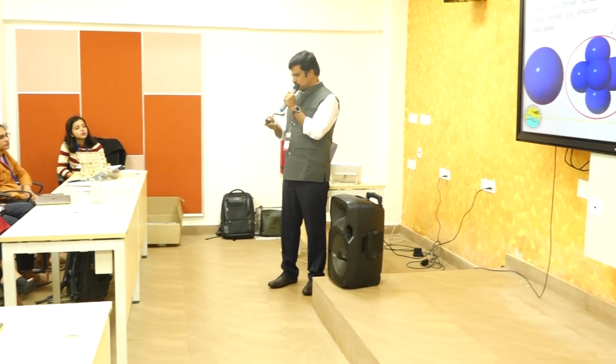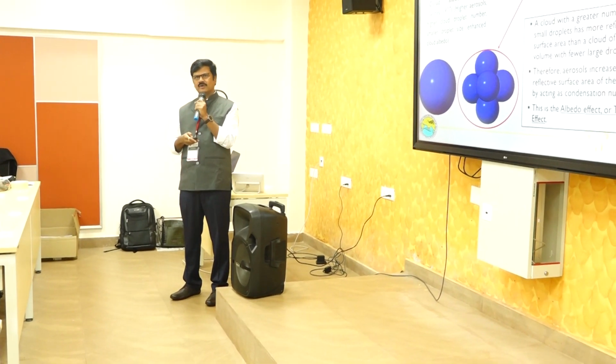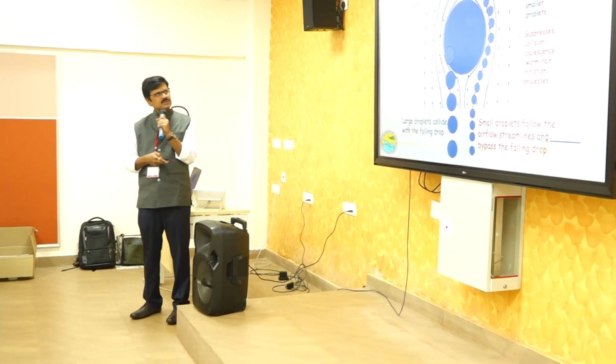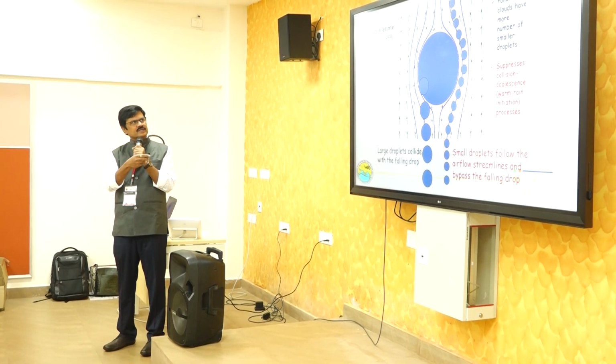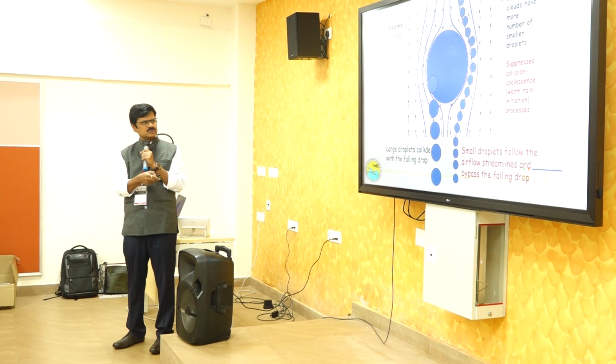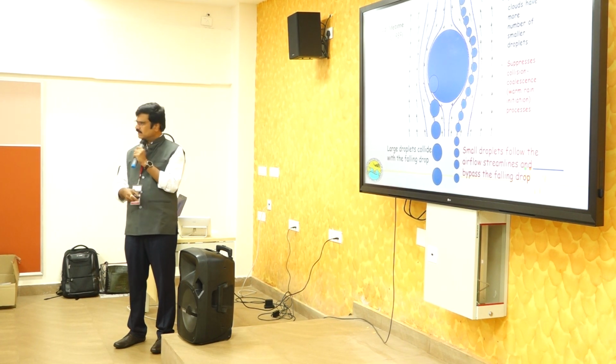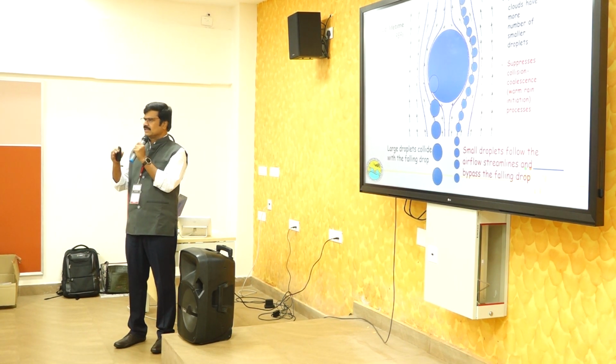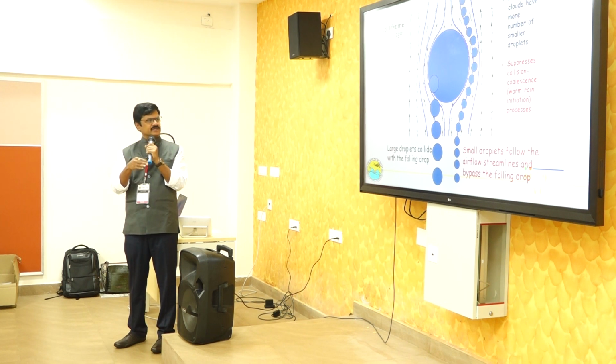This is a schematic illustration that you can see. For the same volume, if you have a larger number of small droplets, you can see the enhanced reflectivity of the cloud. This is also called the Twomey effect or cloud albedo effect. If the drops are small, you can see here the small droplets follow the airflow streamlines, so they bypass the falling larger drop.